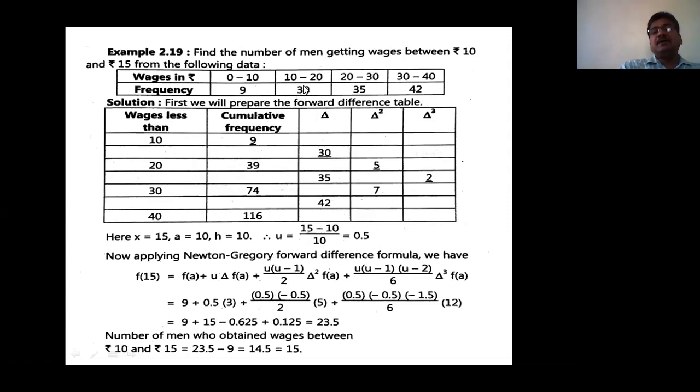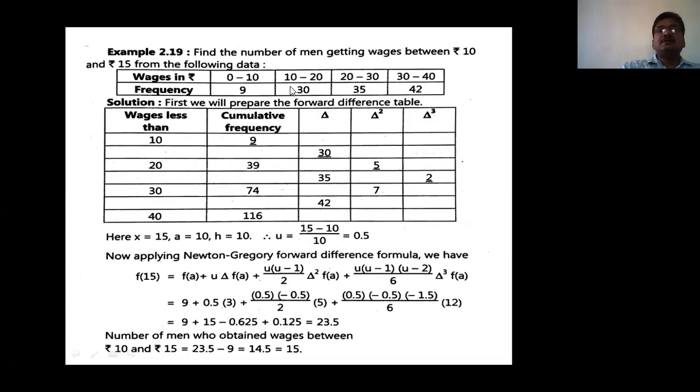So total men getting wages less than 20 are 39. Similarly, wages less than 30 is the addition of these three numbers, 74. And the number of men getting wages less than 40 is the addition of all these four numbers.